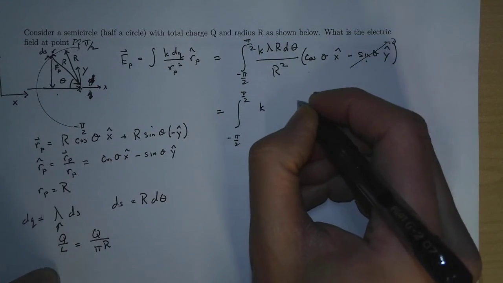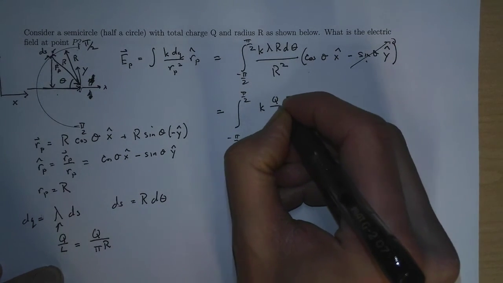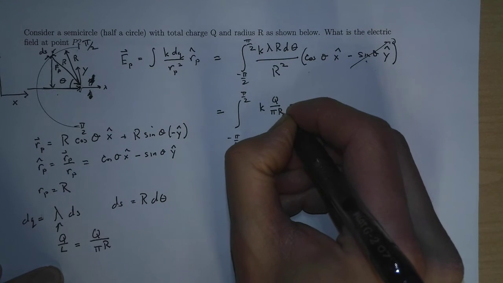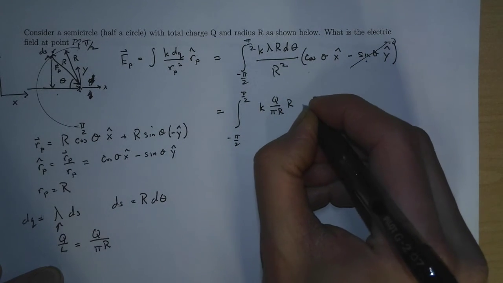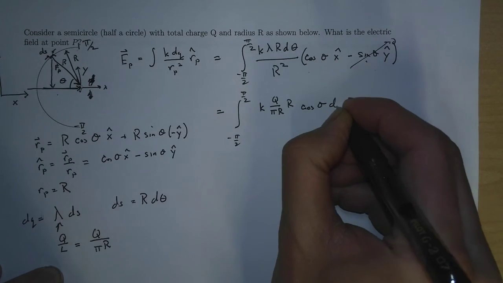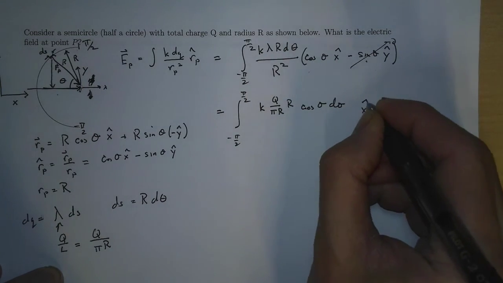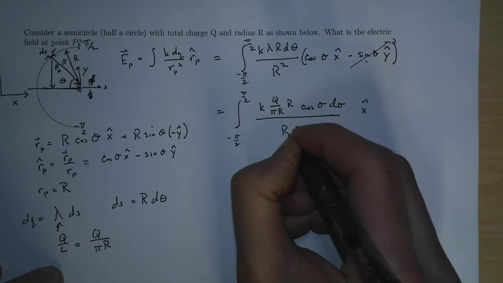So it's going to be the integral from minus pi over 2 to pi over 2 of k, q over pi R, cosine theta d theta x hat, divided by R squared.